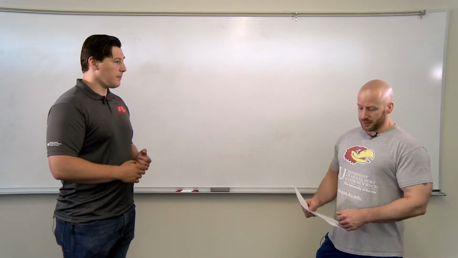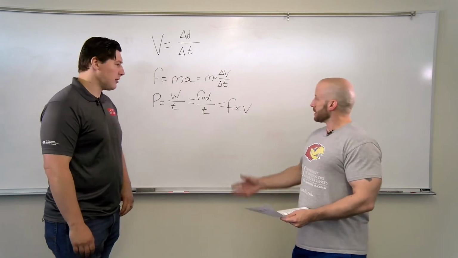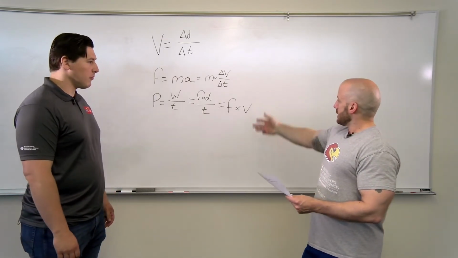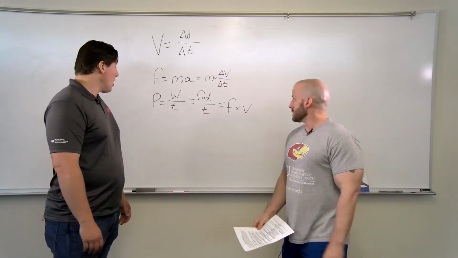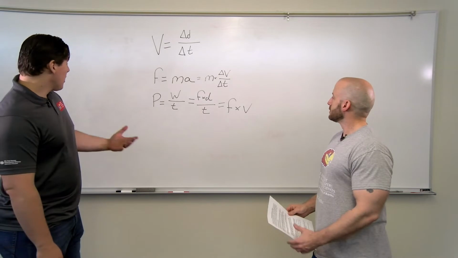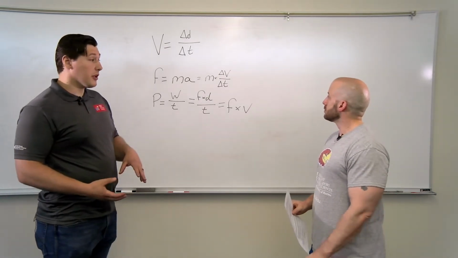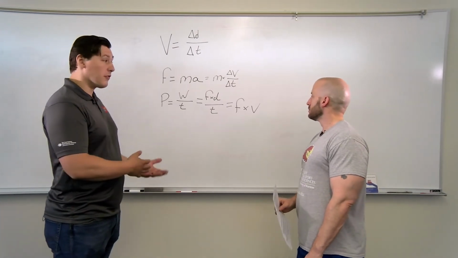So on to question number 2. Okay, so we've got some variables up on the board. Let's talk about how these variables, such as force, velocity, and power, are all related to your research project. Yeah, absolutely. These are variables that are often tracked or manipulated in resistance training programs to try to elicit different adaptations, right?